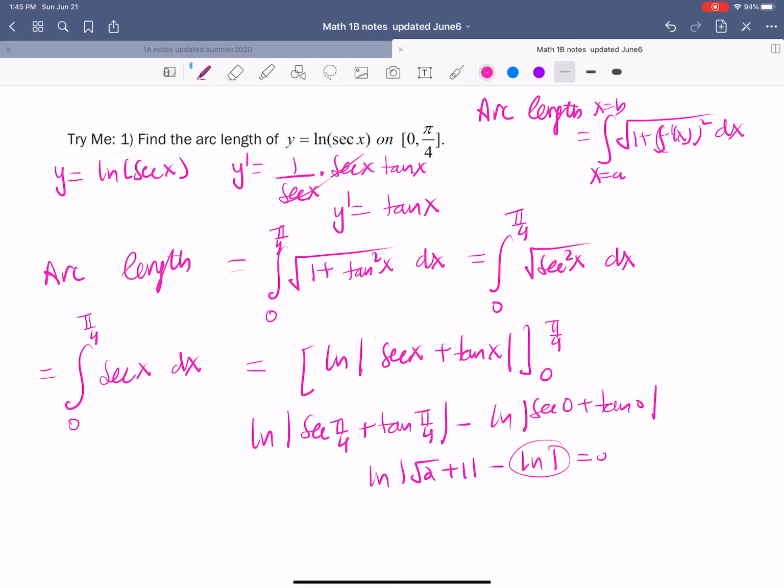Natural log of 1 is equal to 0, so that piece is going to be gone, and we'll be just left with natural log of root 2 plus 1, absolute value of it. It's positive, so no need to put the absolute value bars. You can drop them, but I'm going to leave it at this point. Go ahead and use a calculator and simplify if you want to.